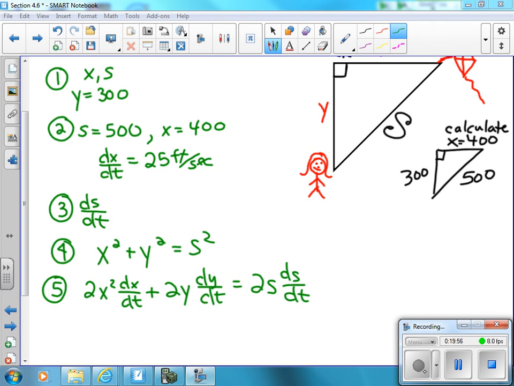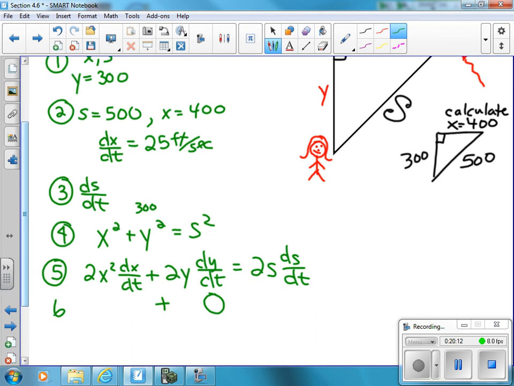Huh, well, the funny thing is that dy/dt is 0 because y is a constant. And you could have actually put in 300 right here before you took your derivative, and then when you took your derivative, you'd get a 0. All right, so x is equal to 400, so 2 times 400 times dx/dt, which is 25, plus 0, and that equals 2 times 500. ds/dt is what we want to know.